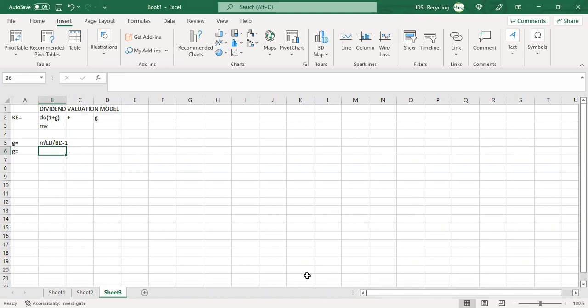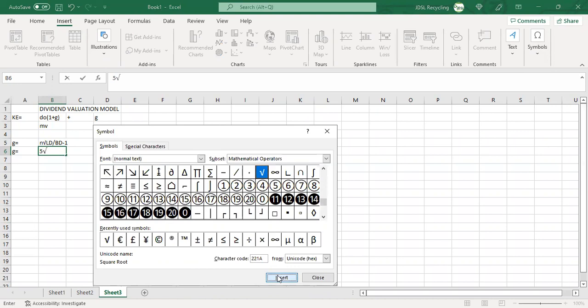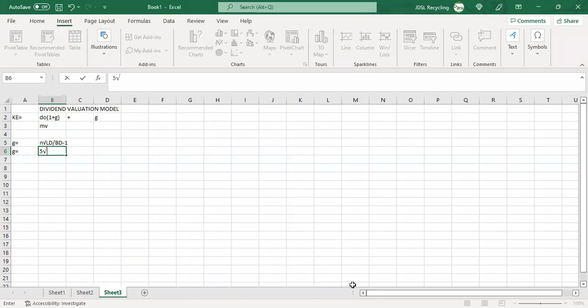5. The fifth root of what is our latest dividend? Go to the question. All right, I'm going to the question now.